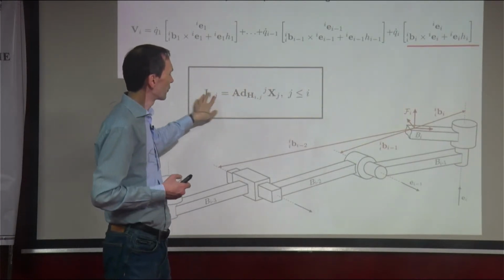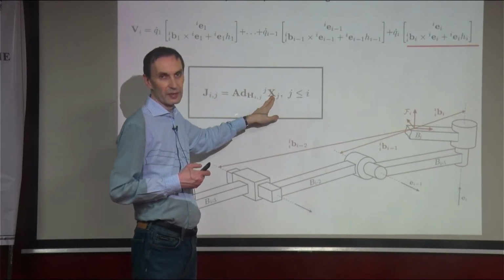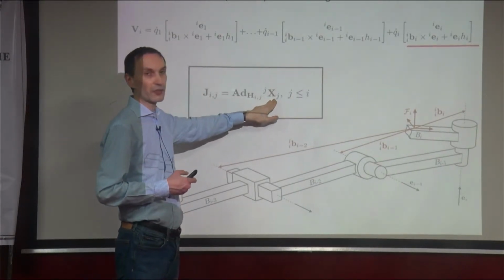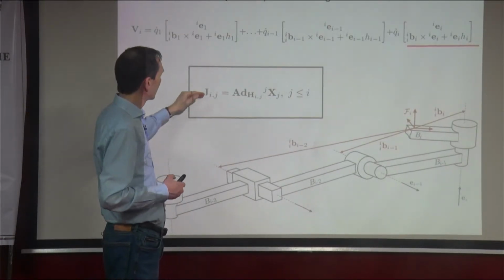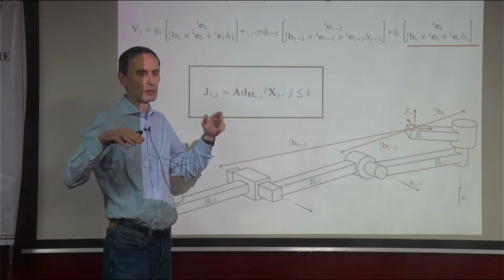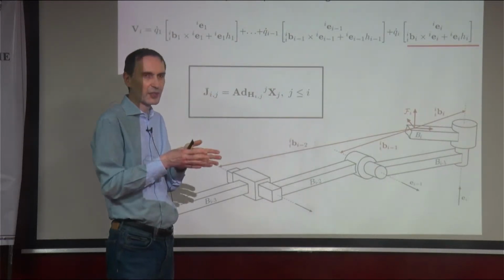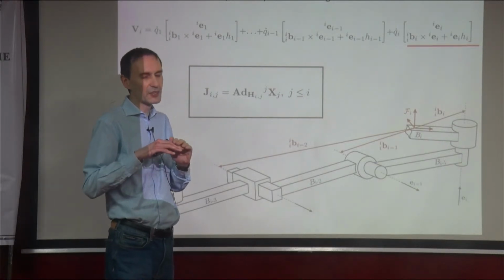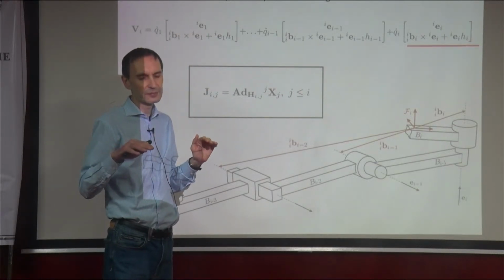So also J22 is, of course, X2. What about the first column in the Jacobian of the second joint? Well, sorry, what about the second column? No, I'm sorry. What about the first column in the Jacobian of body 2?